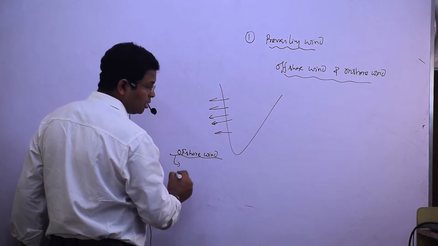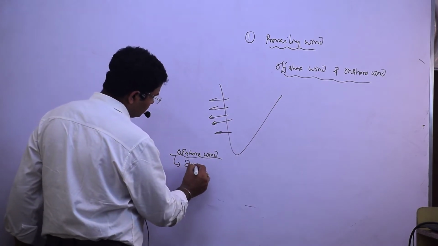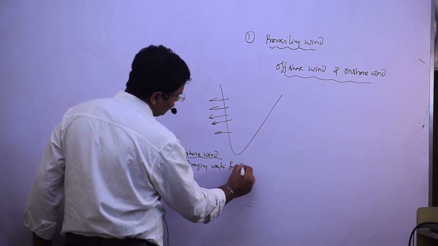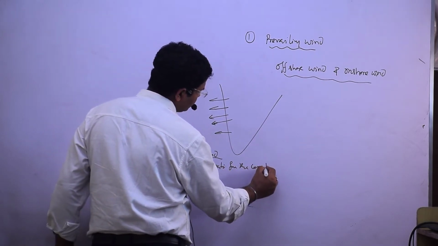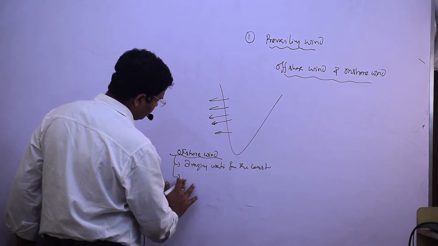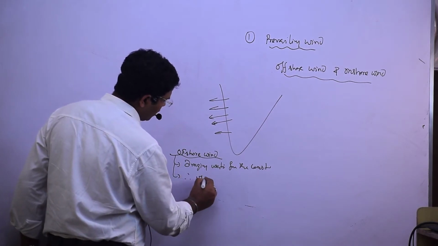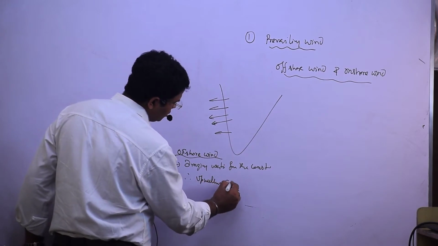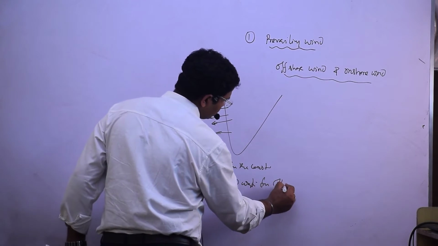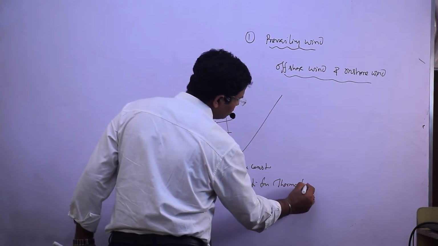What it causes, just tell me? Dragging water from the coast. Therefore, what happens here? Therefore upwelling of cold water from the thermocline layer. Which layer?